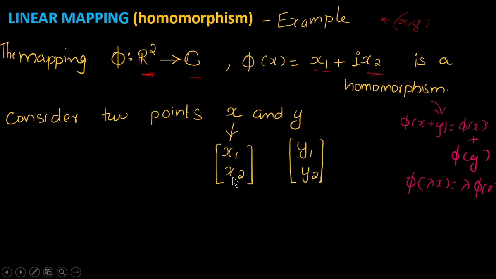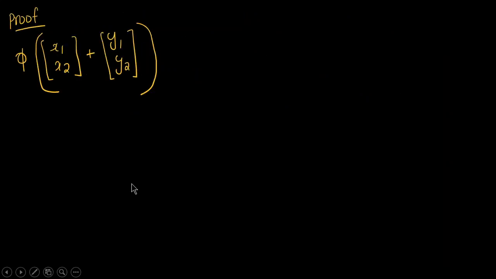Assume you have two points in the xy plane. The first one is x and the second one is y. x is represented in vector format like this, x1, x2, and y is represented like y1, y2. Don't get confused with the representation. First we have to find phi of x plus y, where x is x1, x2 and y is y1, y2.